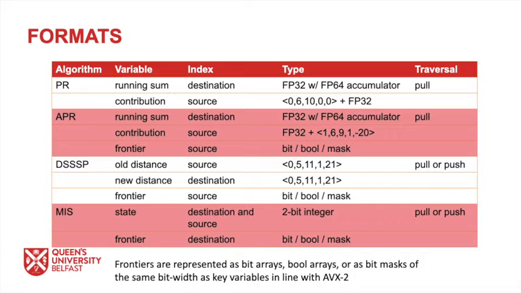These sets can typically be encoded as bit masks. We could also encode them as an array of Boolean values, and we could also encode them as bit masks, which is the convention in the AVX2 instruction set to encode conditional values or true-false values.